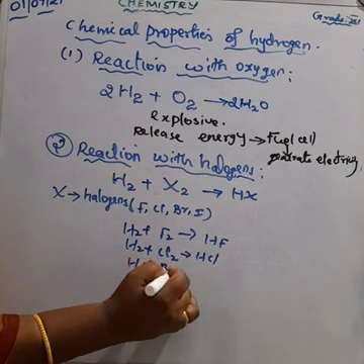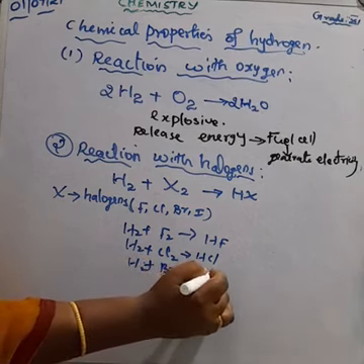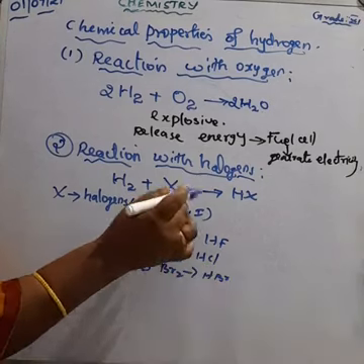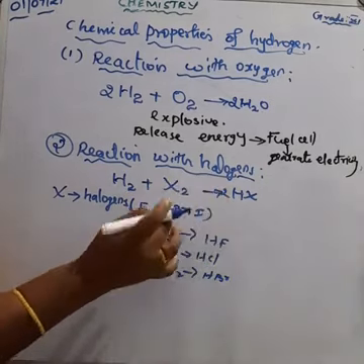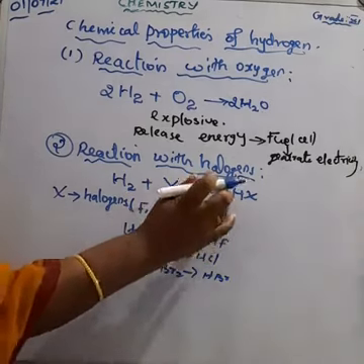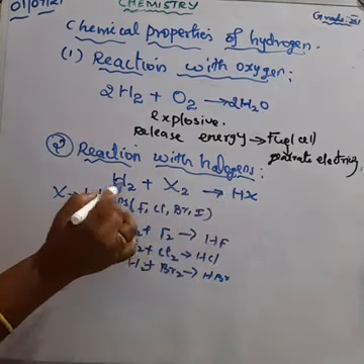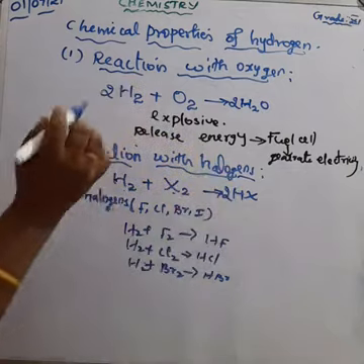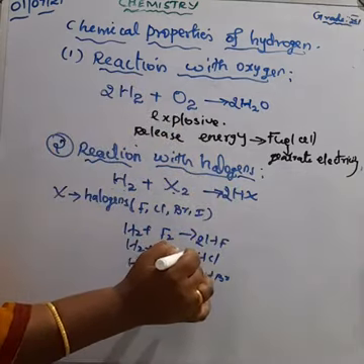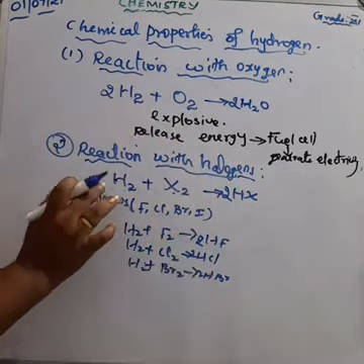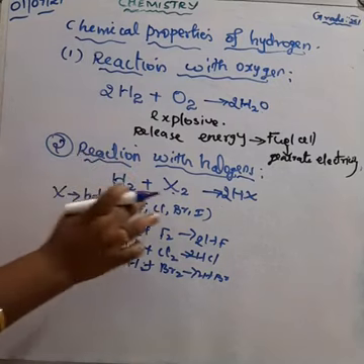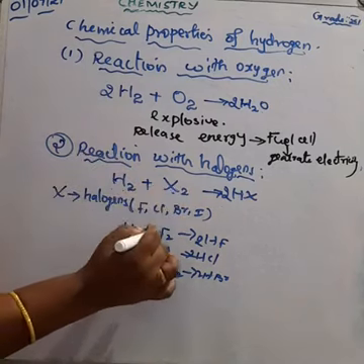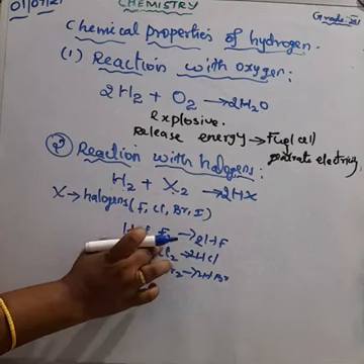Here we have to balance the equation. Hydrogen 2 and the halogen also 2, so we make it 2. Now the equation is balanced.